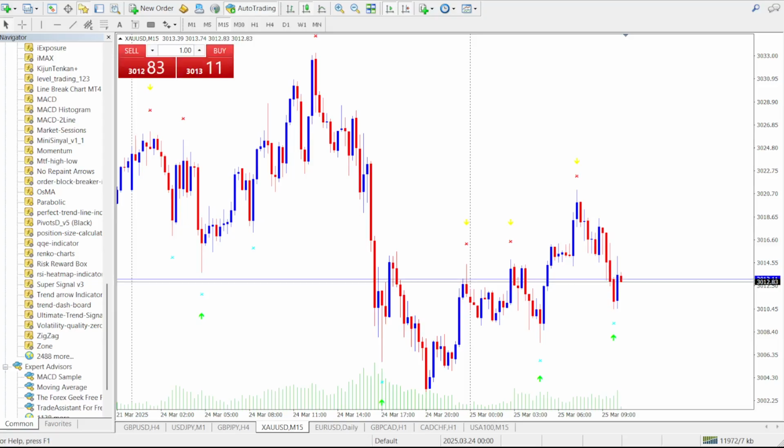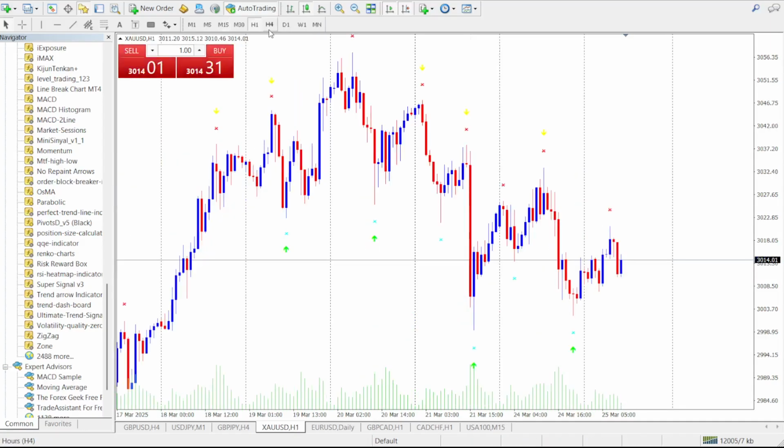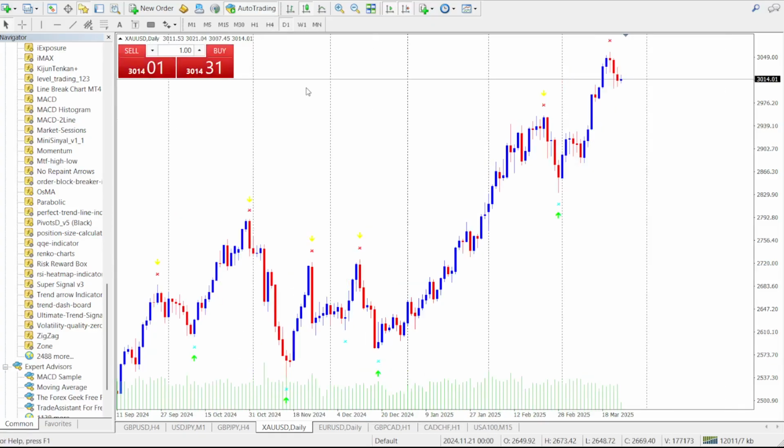Now, how do you improve accuracy with this indicator? One is to use higher time frames. Focus on H1, H4, and D1 for better results.